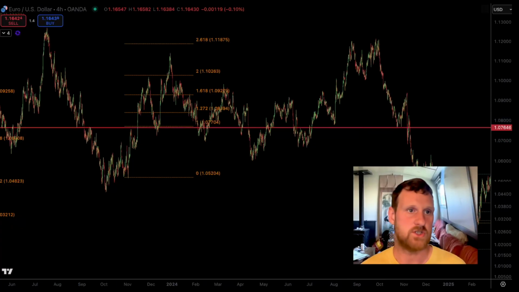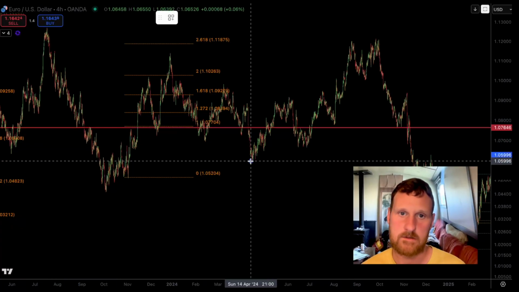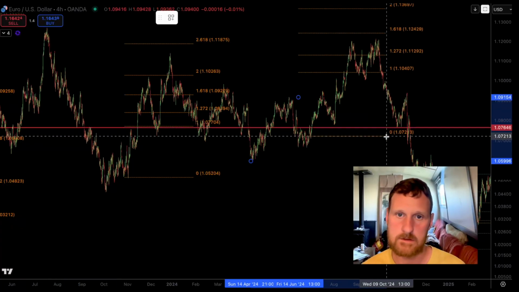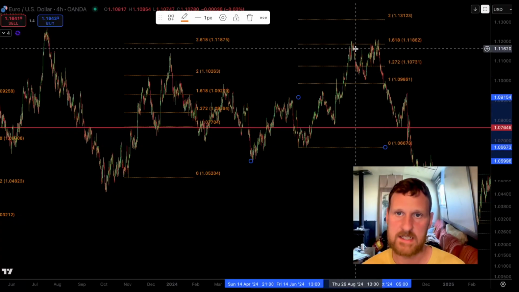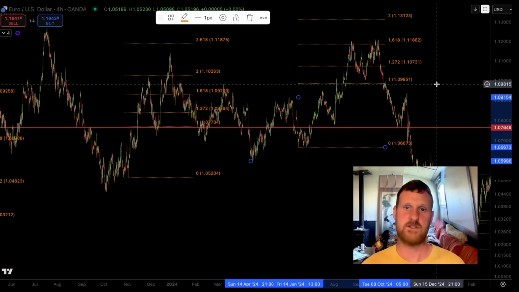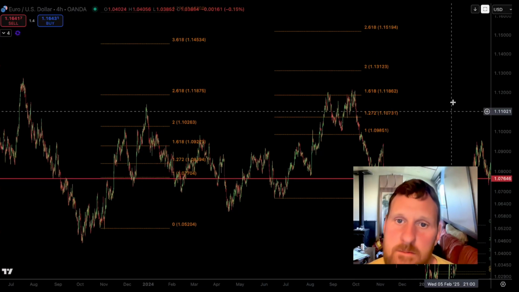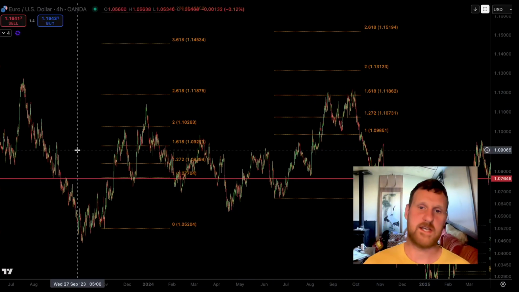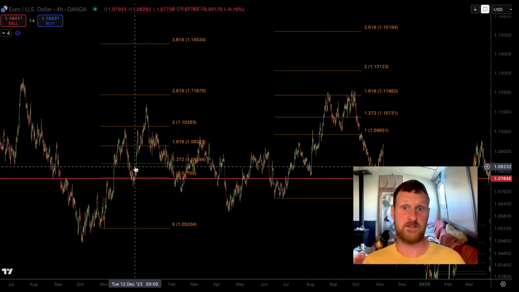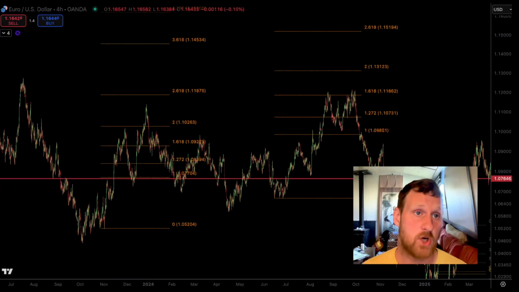And we can just keep doing this over and over again. 1.618, you see the patterns repeat over and over and over, and you can see how you can build strategies around this just by looking at that. But you don't want to use these alone, you want to use them with other tools and indicators.